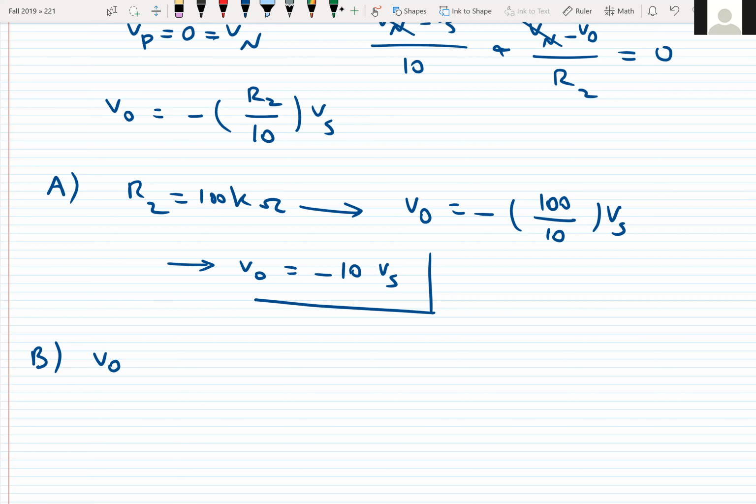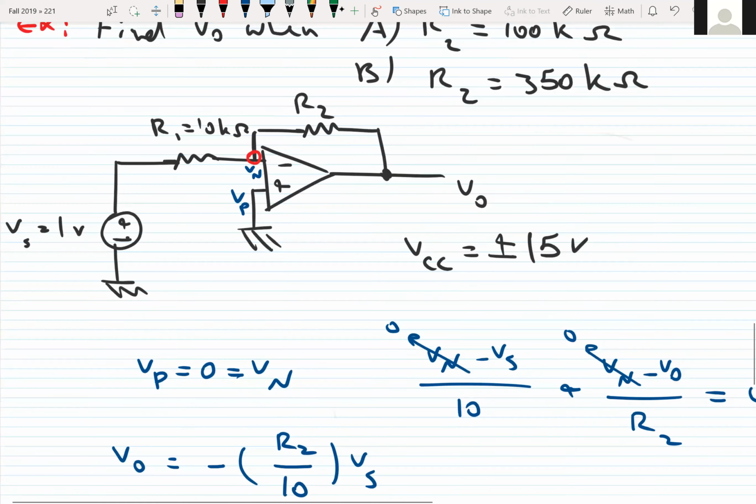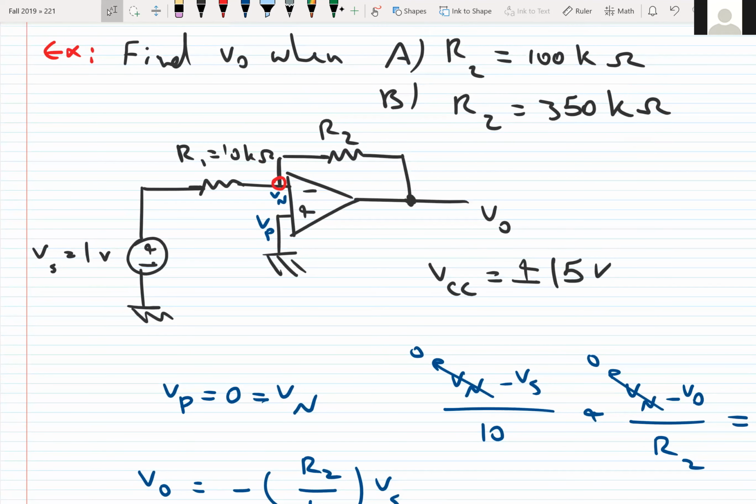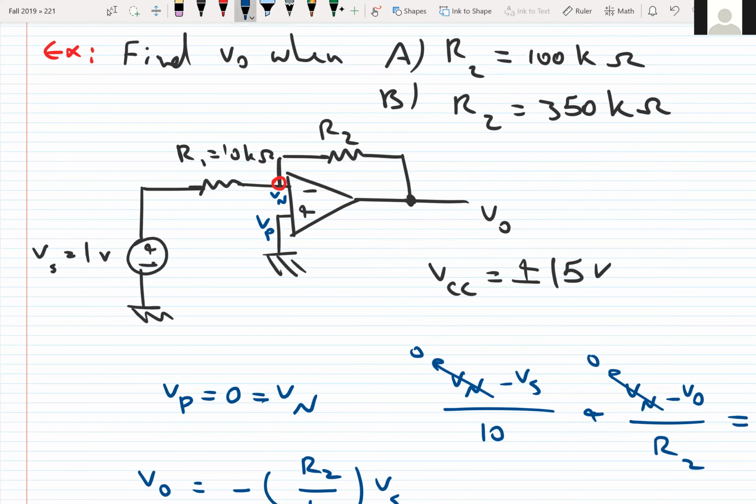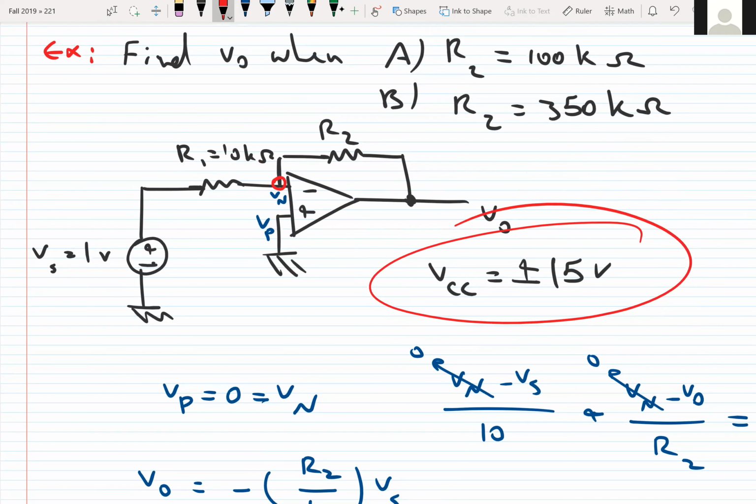For those of you who got negative 35, which is like 9 or 10 of you, don't you want to reconsider your answer? Look at the circuit. What did I do? I circled something. Do you see? So don't you want to reconsider your answer? Do you remember something from last week? Very good. I see that one of you fixed your answer.